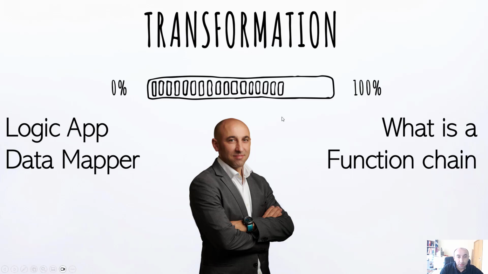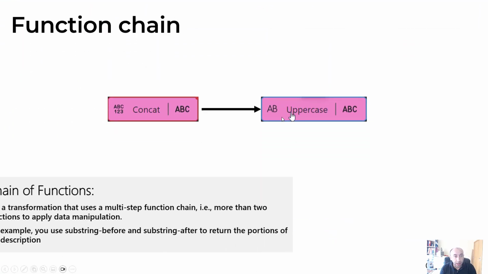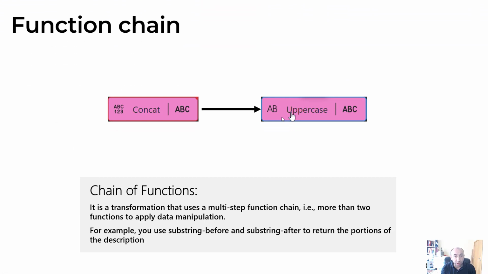A function chain is when we use a multi-step function, two or more functions, to apply a transformation or data manipulation.